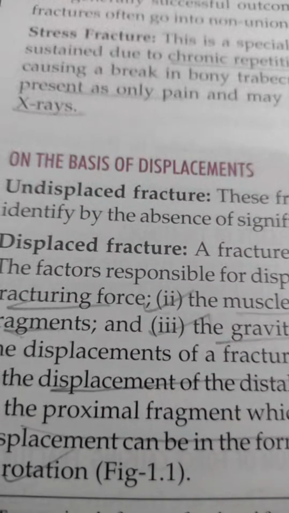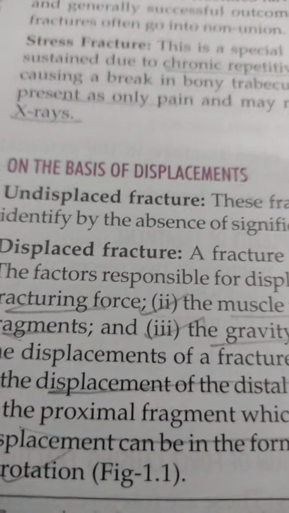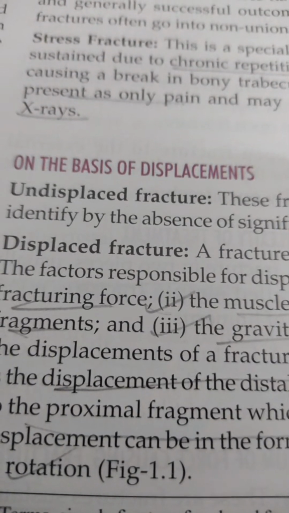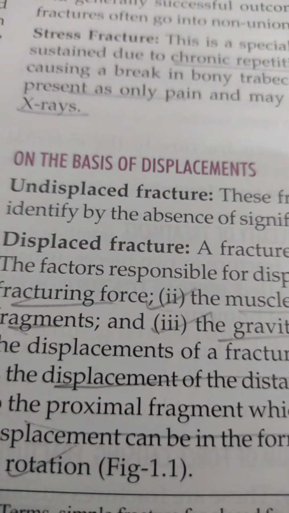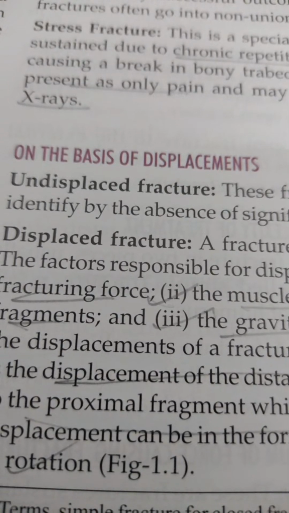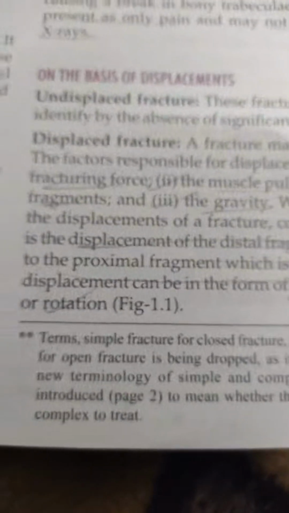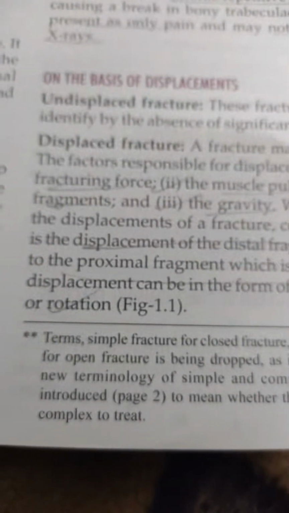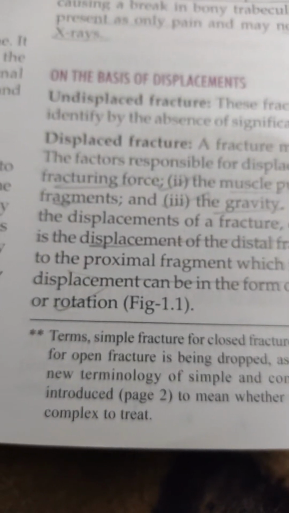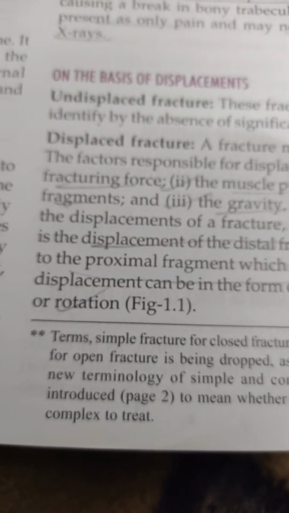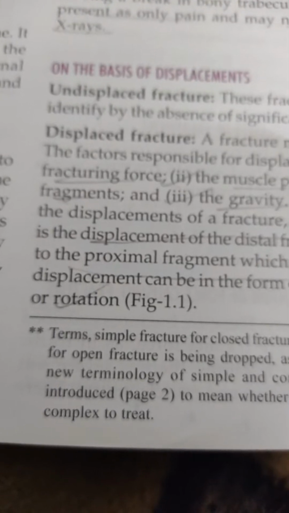On the basis of displacement. Undisplaced fracture. These fractures are easy to identify by the absence of significant displacement. Displaced fracture. A fracture may be displaced. The factors responsible for displacement are the fracturing force, the muscle pull on the fracture fragments, and gravity.